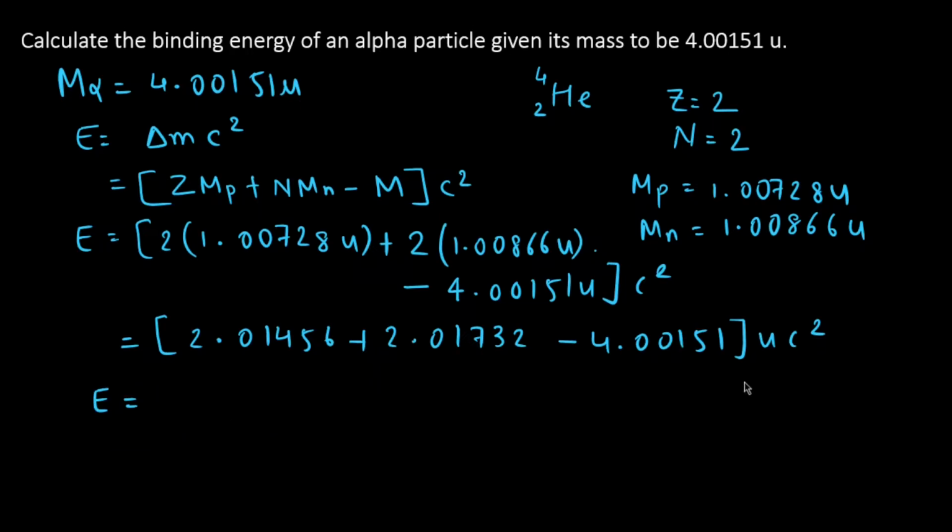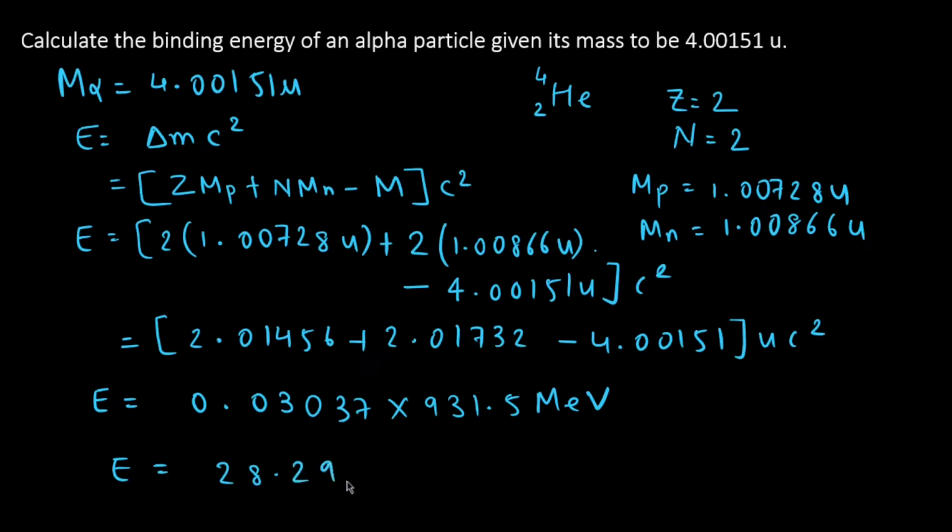So multiplying at the end with 931.5 mega electron volt, we get the value as 0.03037 into 931.5 mega electron volts. So finally we get the binding energy as 28.29 mega electron volt.